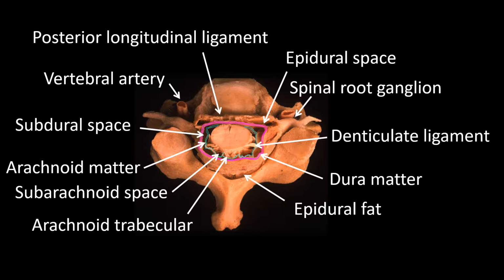We can also see the denticulate ligament. The denticulate ligaments are bilateral thickenings of the collagen component of the pia mater that attach to the dura, thus suspending the spinal cord.